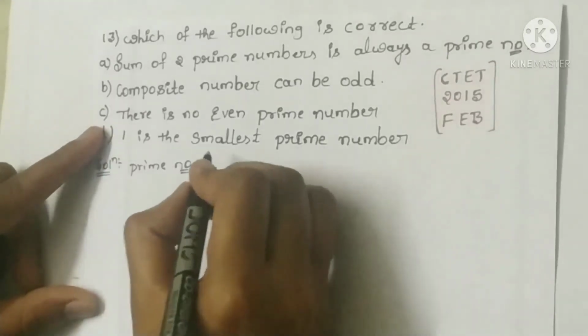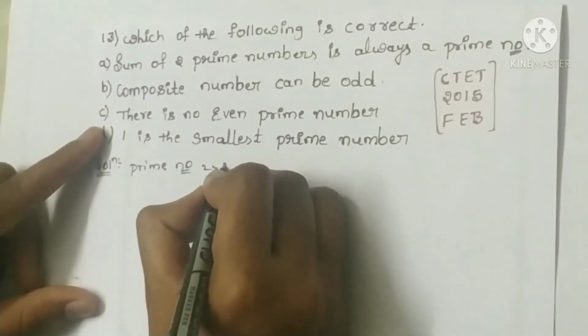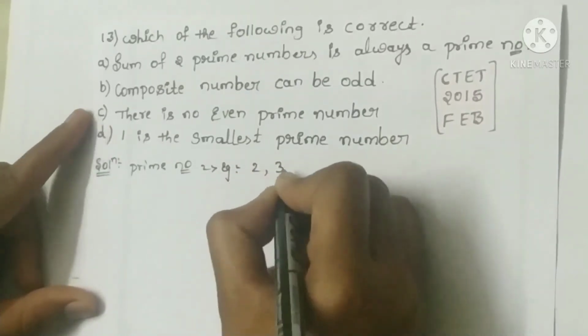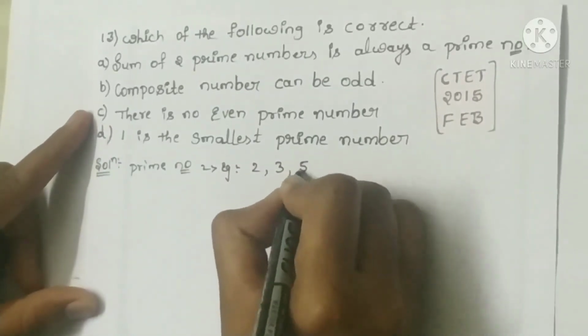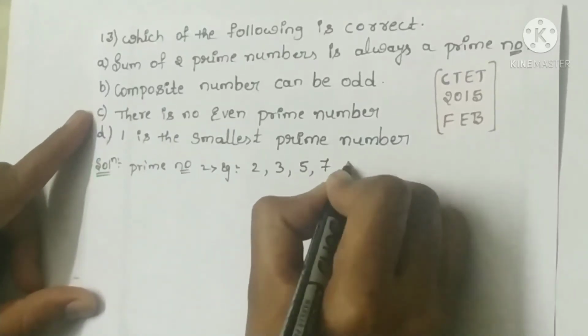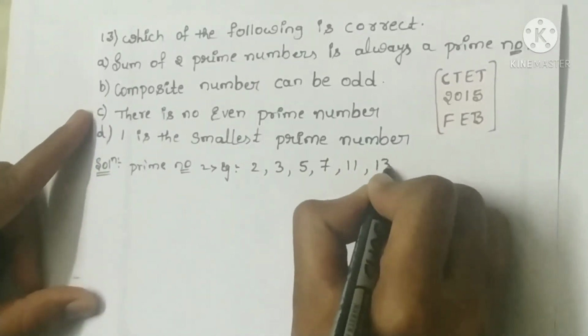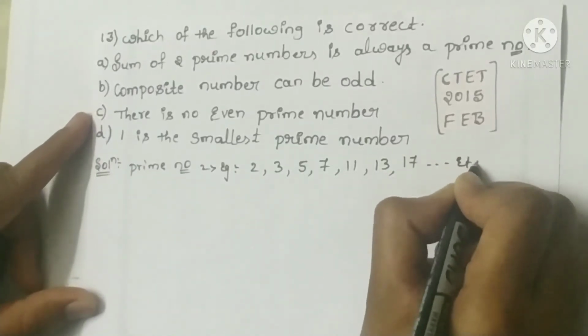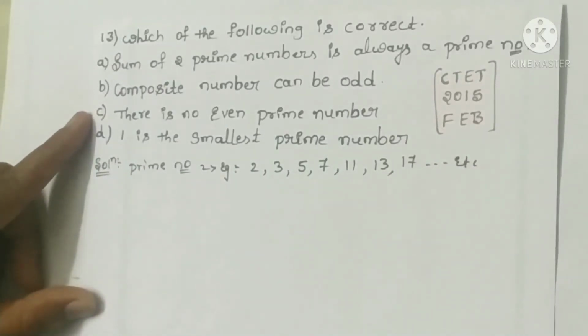Now I will give some more examples of prime numbers. Examples are 2, 3, 5, 7, 11, 13, 17, like this, etc. These are the examples for the prime numbers.